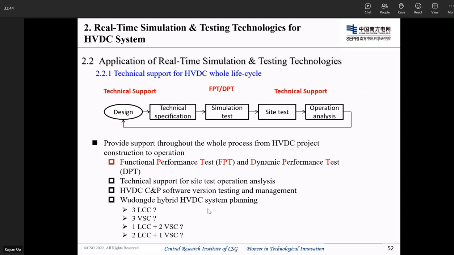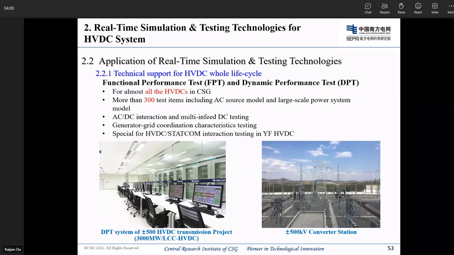Also planning. Sometimes when we do the planning of HVDC, we also use RTDS to study what kind of planning is better. And also now we can see the FPT and DPT of HVDC.